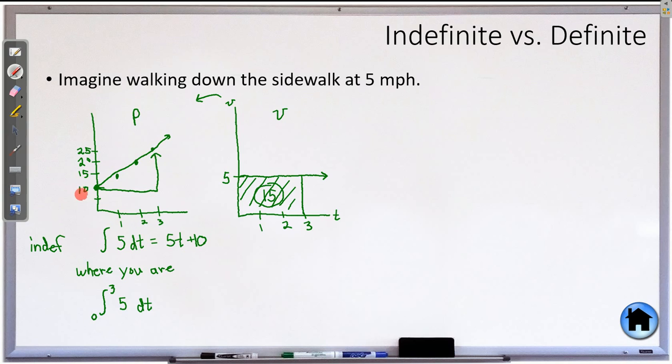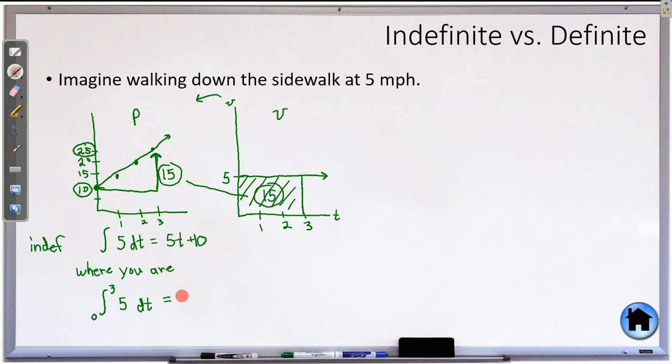So we started here at 10. 3 hours later, we're now up here at 25. What is 25 minus 10? 15. Kind of weird that the area underneath the curve here is equal to how much we rose, the rise over here.